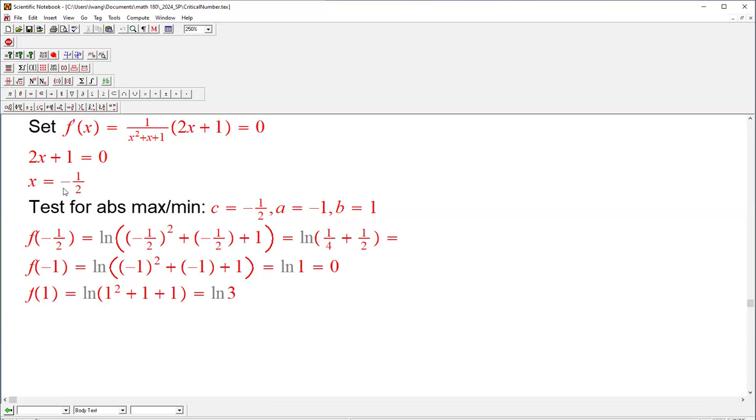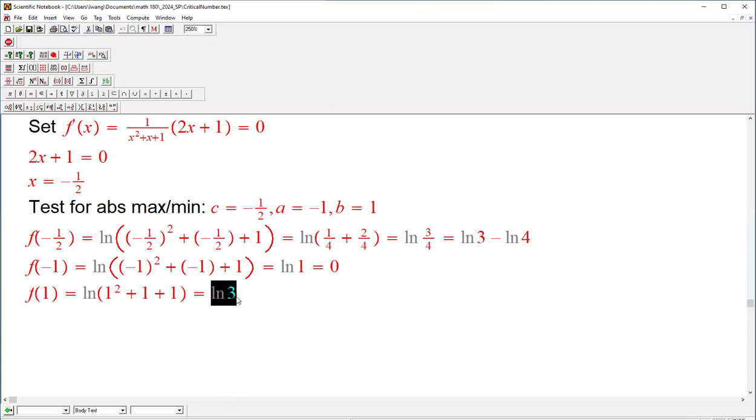So in the end, what do we get? We get ln, we add these two numbers, so this is 4/2. So this is going to be ln 3/4. And that's ln 3 subtracting ln 4. Which one is larger, right?